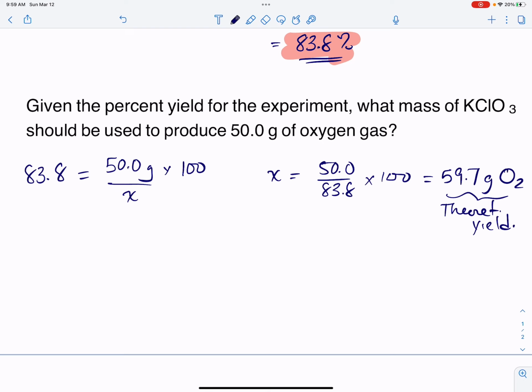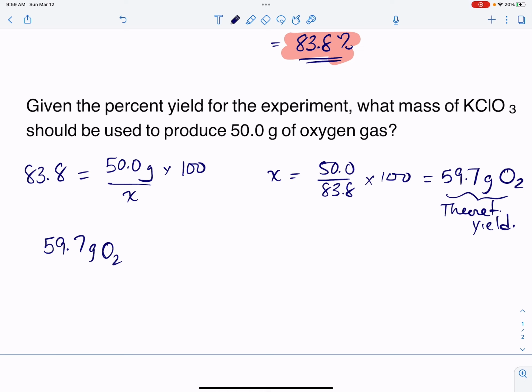So now that I know the theoretical yield that I should aim for, I'm going to take that as my starting point and set up some unit multipliers to answer the question, what mass of potassium chlorate would give me this theoretical yield?